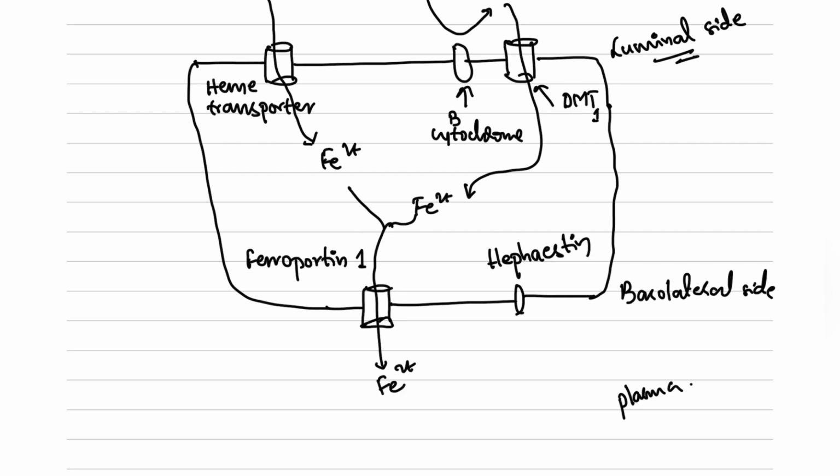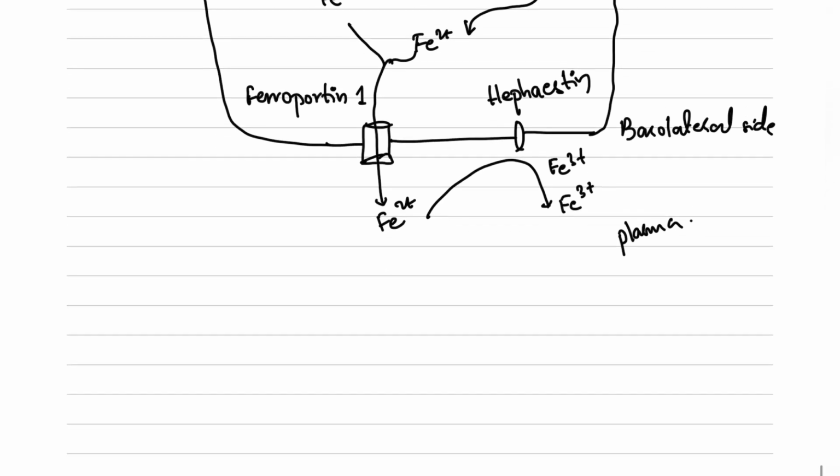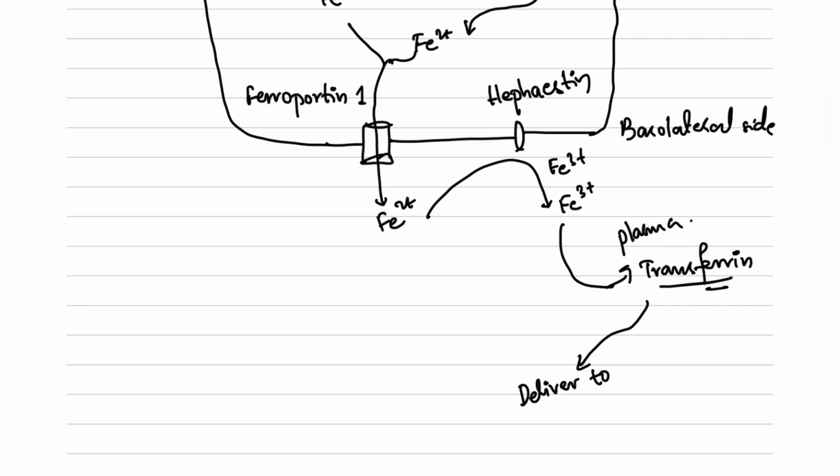It is then converted again into Fe3+, and this Fe3+ in the plasma binds to transferrin. We know what transferrin is. Transferrin is the iron binding protein, and through transferrin binding to Fe3+, it goes to deliver to the erythroid precursors.